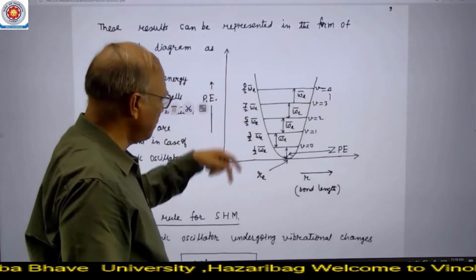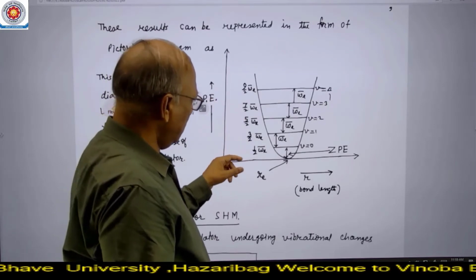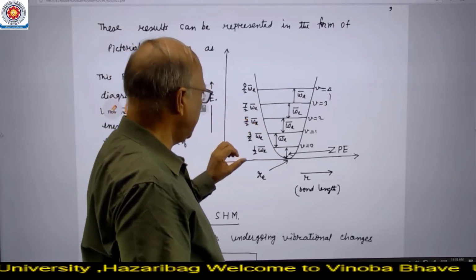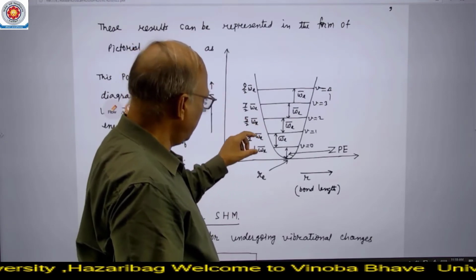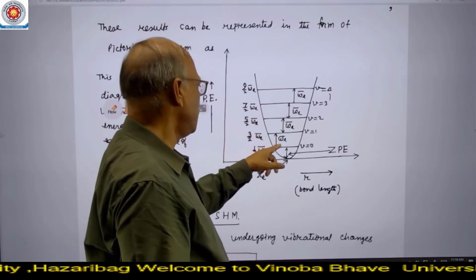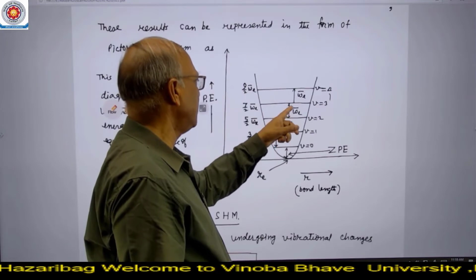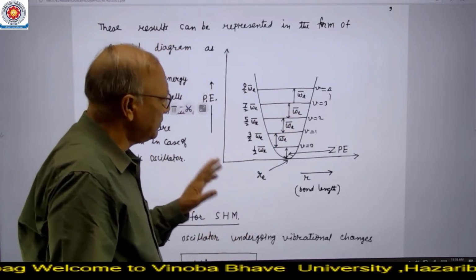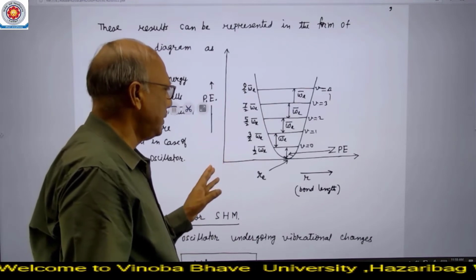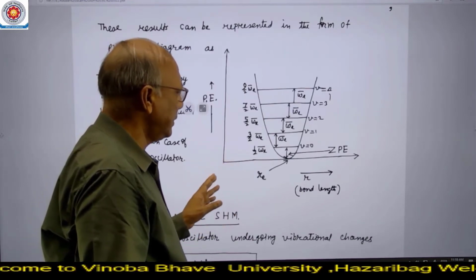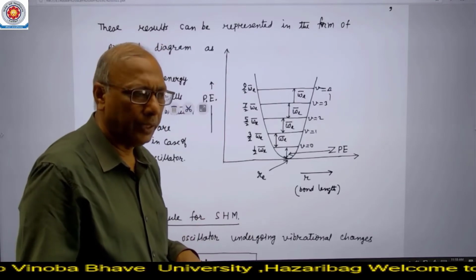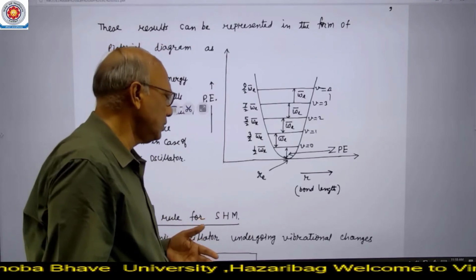The difference between two adjacent energy levels is omega e bar each time. That is, the energy levels are equidistant for vibrational energy levels in case of a harmonic oscillator, that is, in case of simple harmonic motion oscillations.